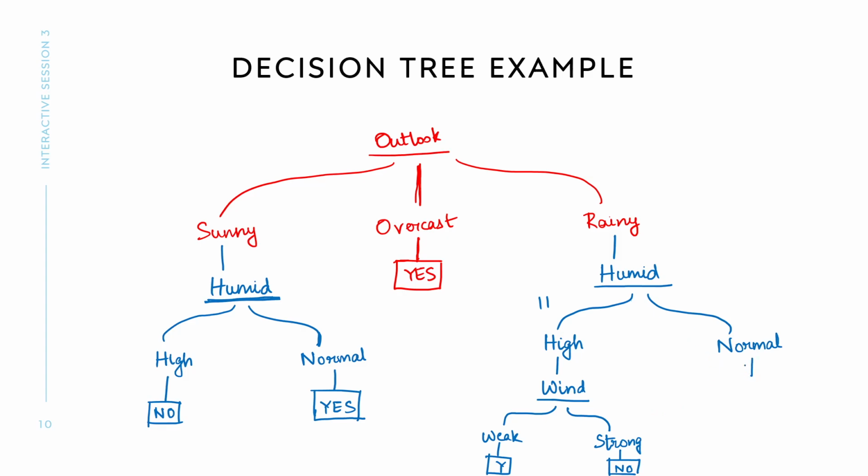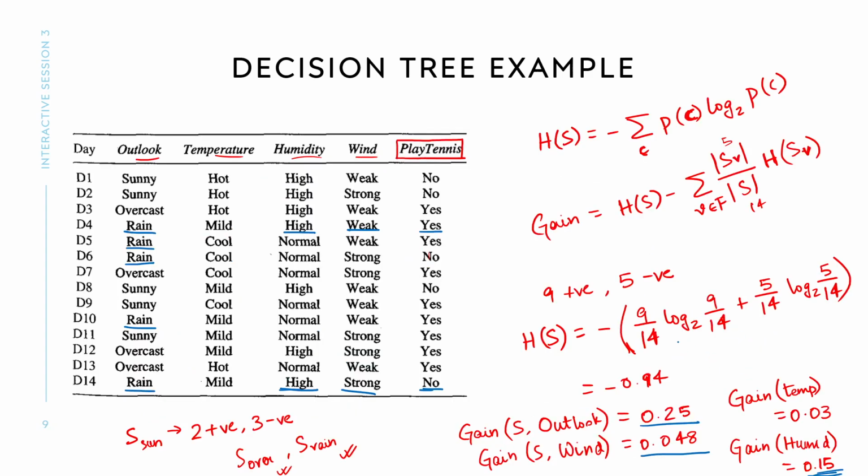For normal humidity, rainy and normal humidity, let's see. Rainy and normal humidity, this is yes. Rainy and normal humidity, this is no. Rainy and normal humidity, this is yes. So I go for the next feature again, which is wind.